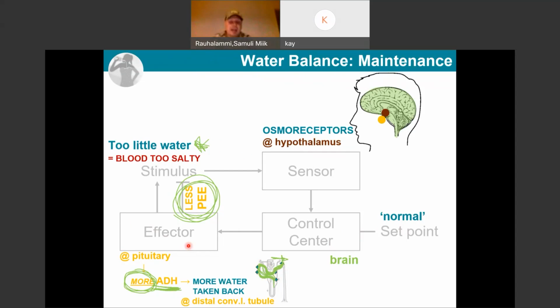You will end up as a result producing less urine. And in this way, we're trying to stop this little water situation from getting worse, or hopefully even improve it. So I hope that makes sense as an explanation of how to simplify some of these diagrams that you see in your textbook.